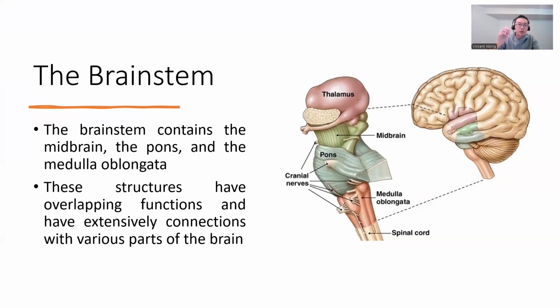Just to remind you, there are 12 pairs of cranial nerves that are coming out from the brainstem, and they are responsible for controlling various stuff, either like eye movements, or they are responsible for picking up sounds. There's a whole slide for it in lecture 5, but you don't have to memorize what does what.